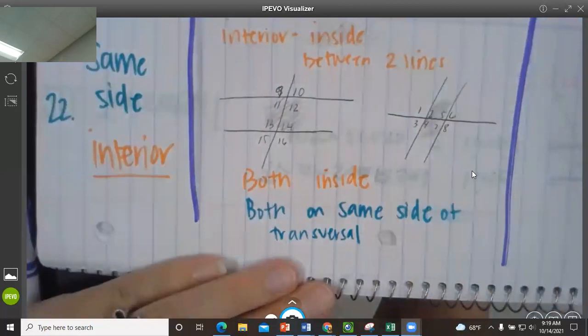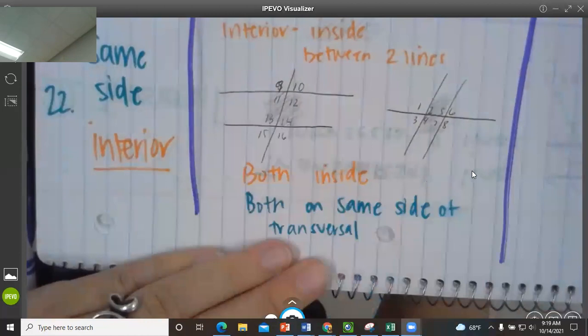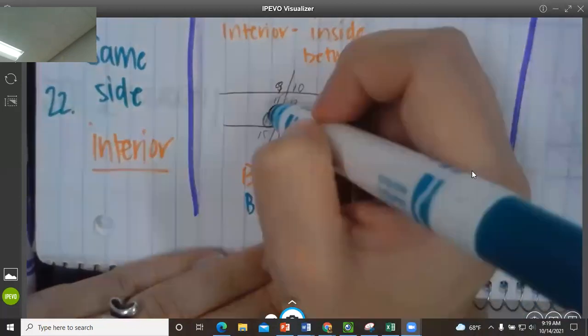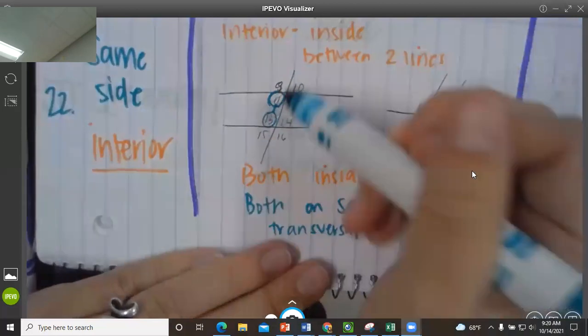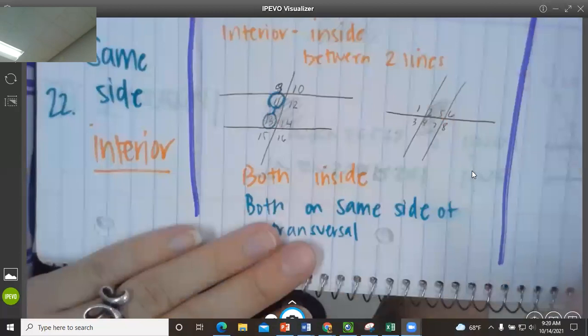So pick one, Andre, right here, 11, 12, 13. Pick one of them, please. Okay, 13. So you pick 13. So the one on the same side of the transversal is going to be 11. Those are on the same side. Okay, it's going to be like matching like that. Not matching, but they're going to be on the same side.